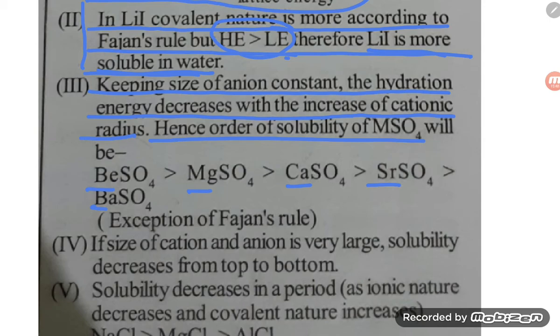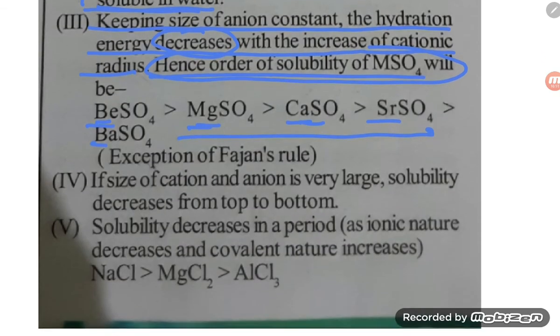The larger the size of the cation, the smaller will be the solubility. Hence the order of solubility for sulphates starts with MgSO4. Beryllium, magnesium, calcium: size is increasing, so hydration energy will decrease.